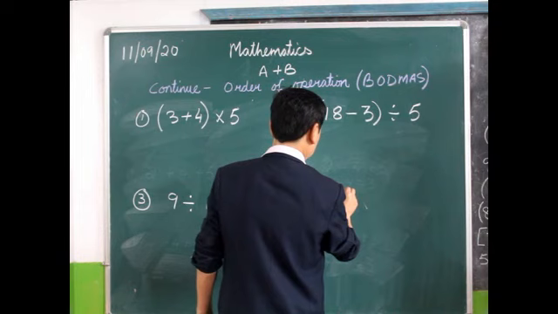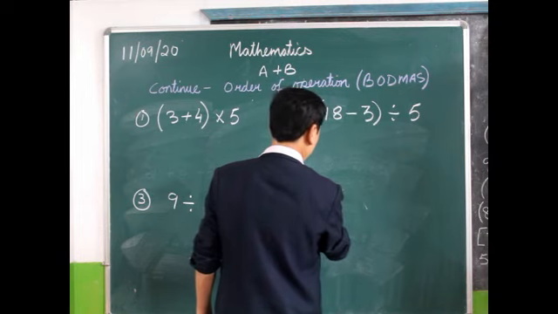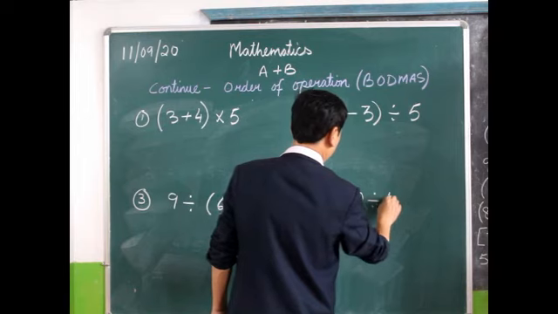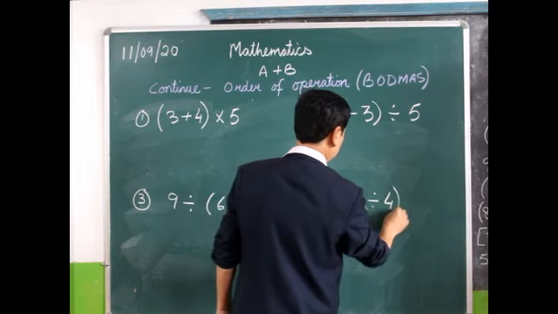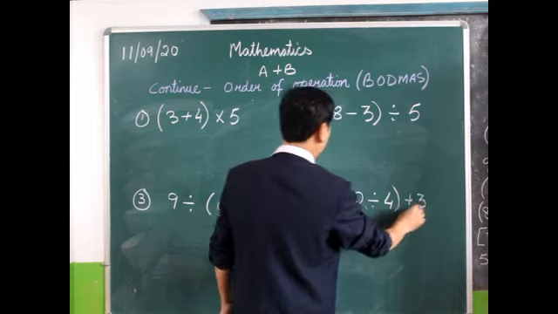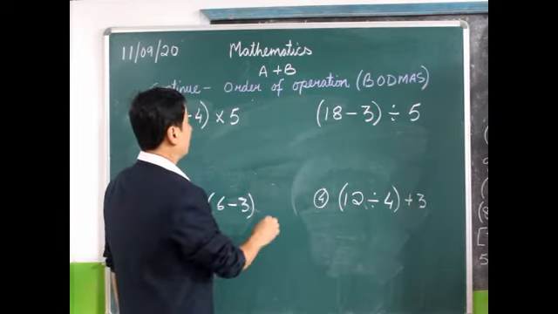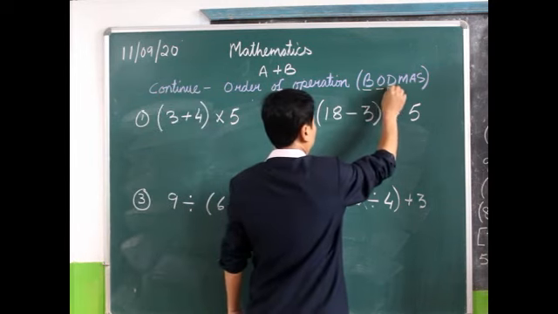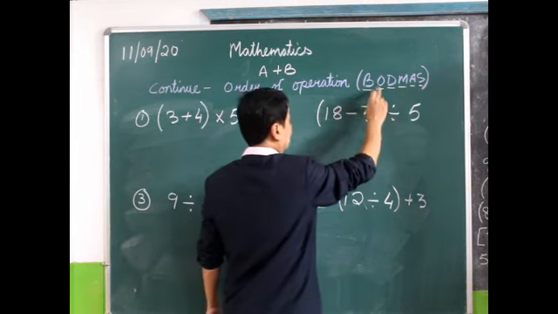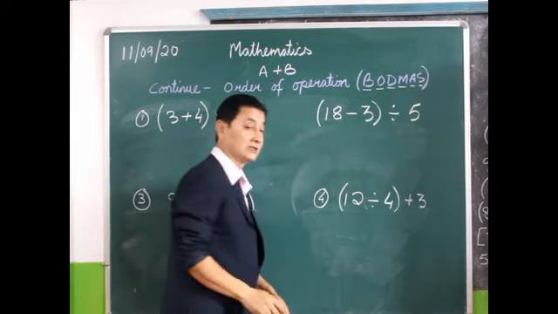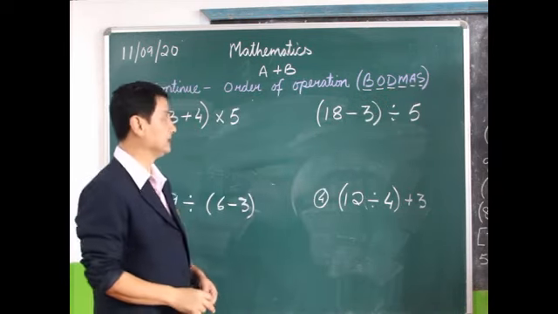Next, number 4, 12 divided by 4 bracket plus 3. Now when you look at the sums, it may look difficult, but if you follow BODMAS, brackets, of, division, multiplication, addition, subtraction, the sums are going to be very easy.